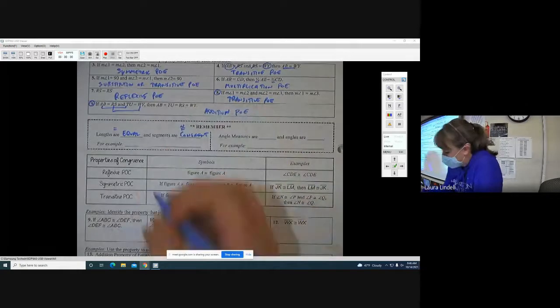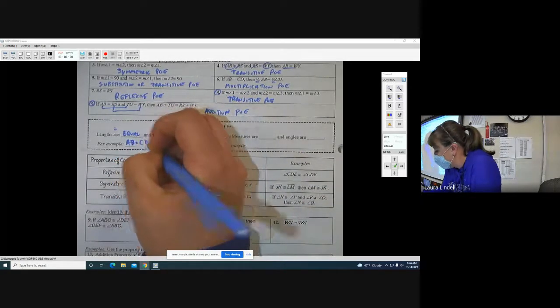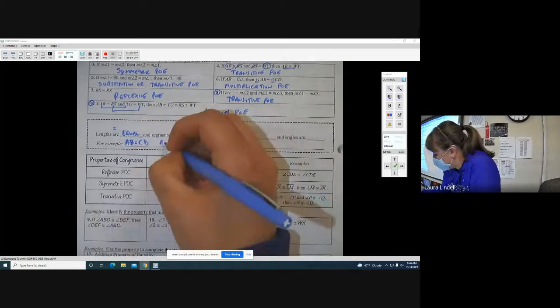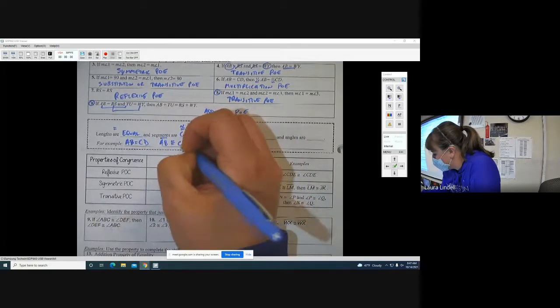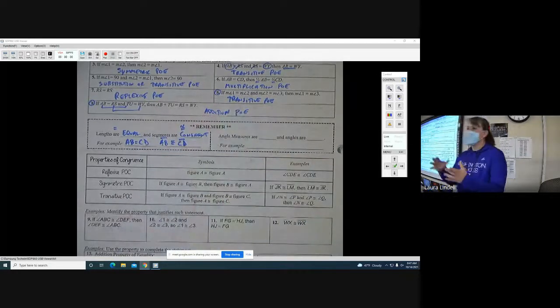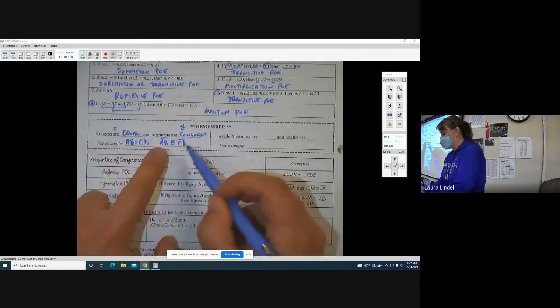So I could say AB is equal to CD because I'm talking about lengths here. But if I wanted to talk about segments, if I said segment AB, I would have to say that it's congruent to segment CD. Because congruent is for things, equal is for numbers. And these represent numbers and these represent things.